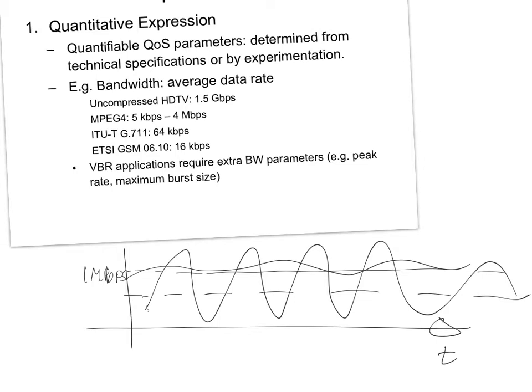In compressed video, compressed audio is a variable bitrate application, right? Why? Because the way we encode compressed video is by leveraging the fact that from one frame to another, the change is not high.